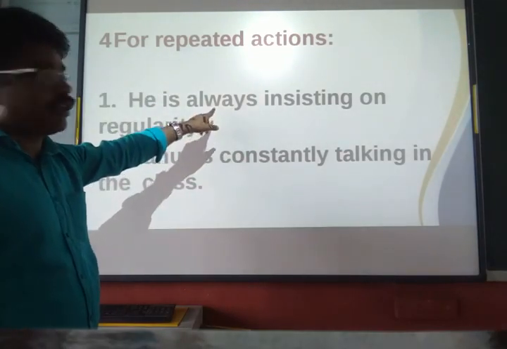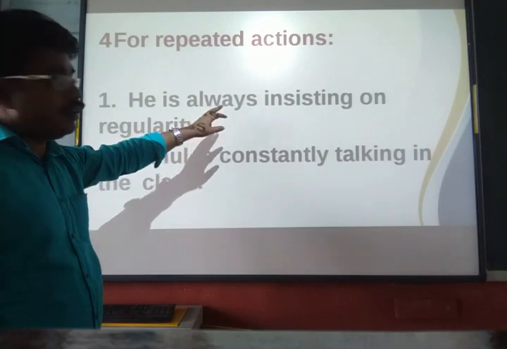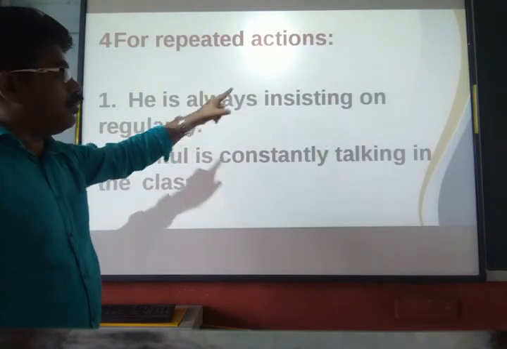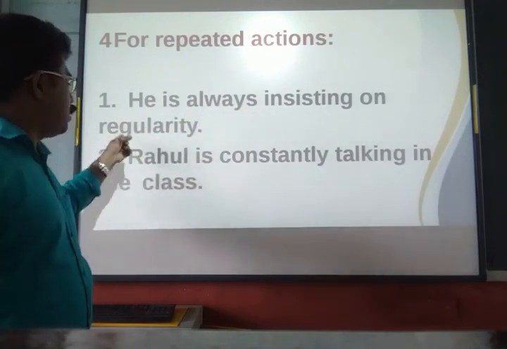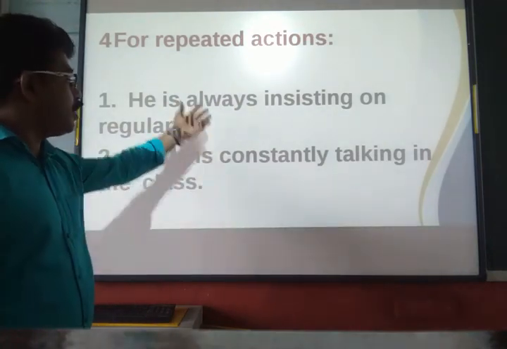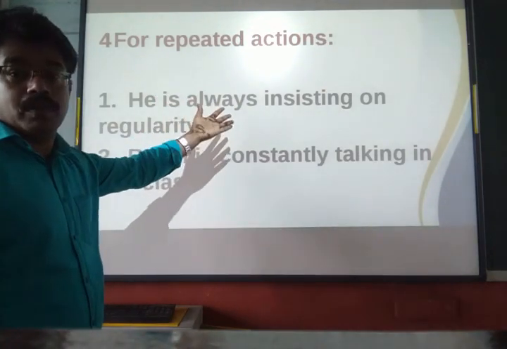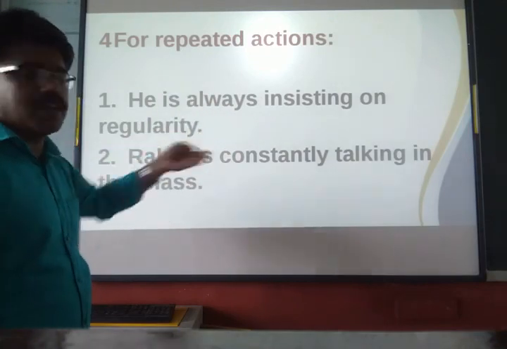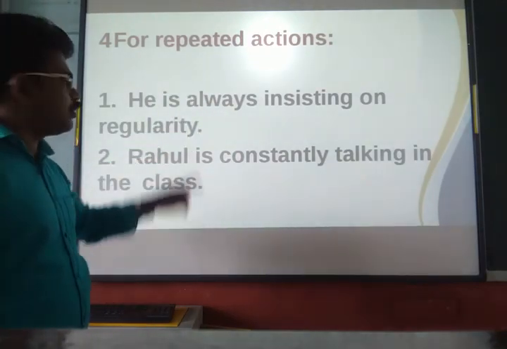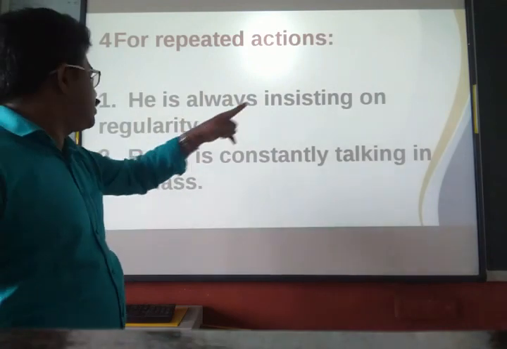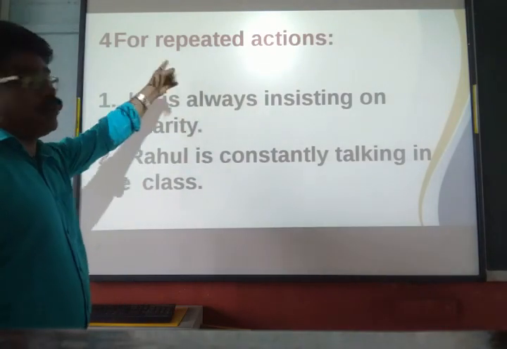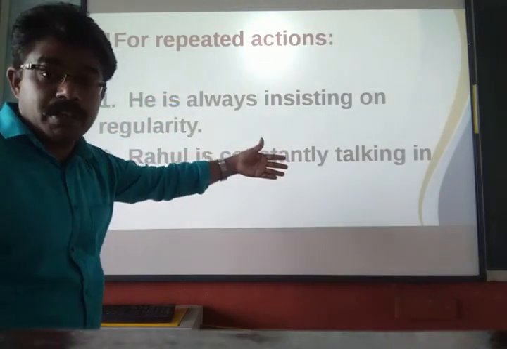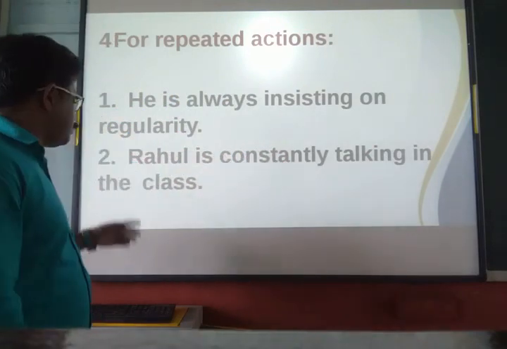The word 'always' shows it here. Maybe he is the principal of the school. He always insists on being regular and punctual. So that is what it says. He is always insisting on regularity. For repeated actions, we can use the continuous form.